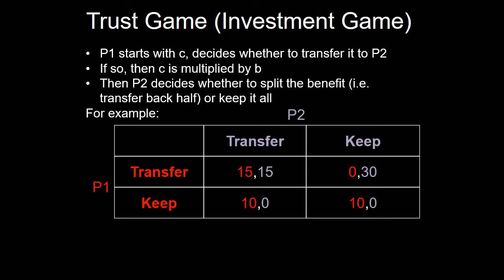And so player 2 has no incentive to transfer back, which then would lead player 1 to keeping the money, even though player 1 would rather transfer if they thought that player 2 was going to be willing to transfer back.